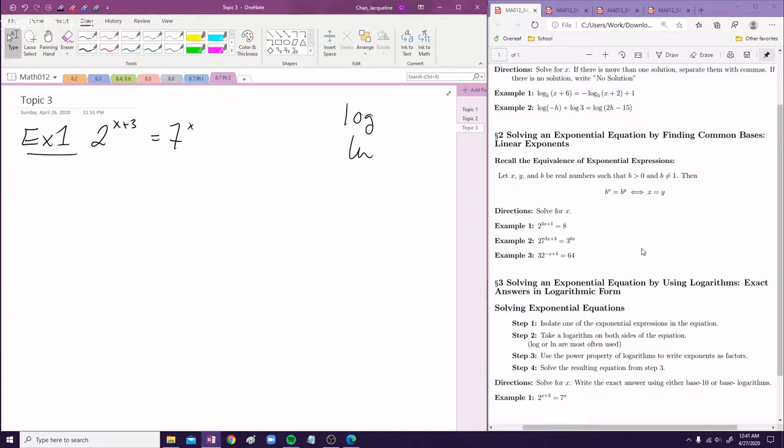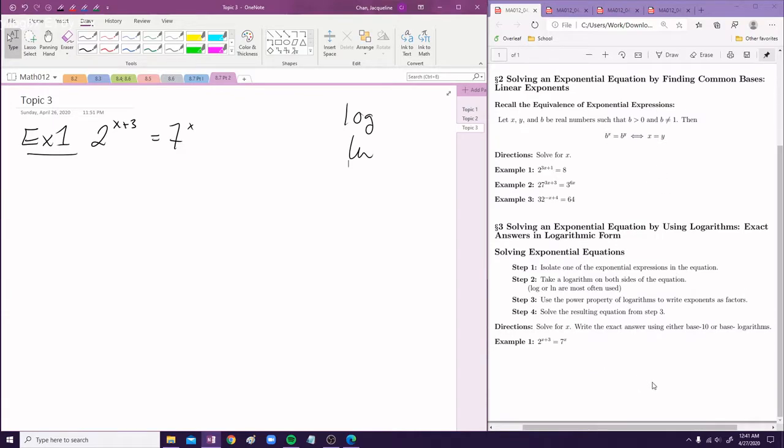All right, so since we can't make it into a common base, what are we going to do? Step 1 says isolate one of the exponential expressions in the equation. Over here, both of them are isolated, right? But if, say, this was minus 7 to the x equals 0, then I want to move that 7 to the x over. We just want to have one exponent on one side.